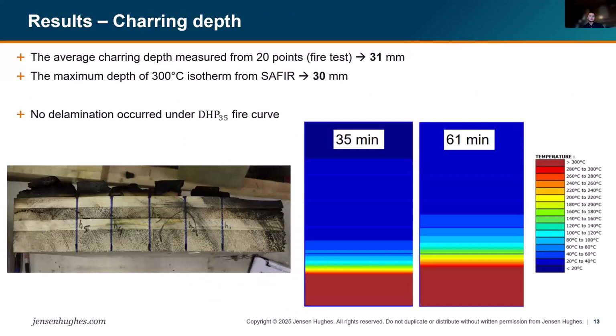About charring depth, the average charring depth measured from the fire test from 20 points was 31 millimeters.